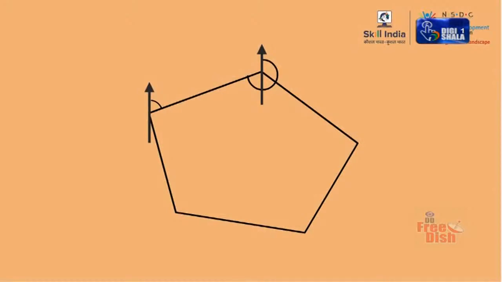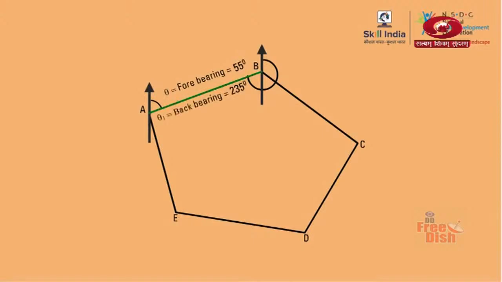For example, in the figure A, B, C, D, E, where the survey progresses clockwise from A to E, theta is the forebearing of the survey line AB, and theta 1 is the back bearing of that very line regarded as line BA.